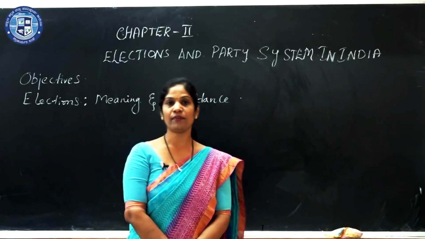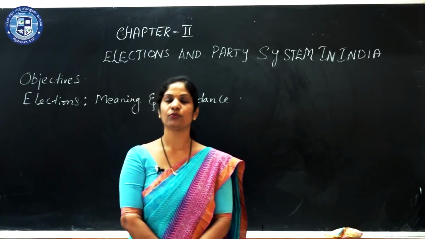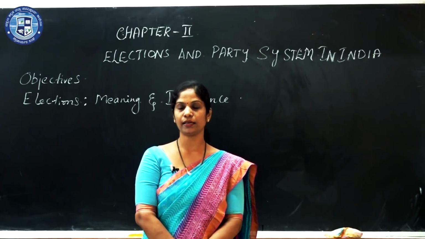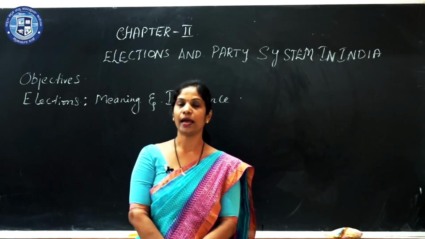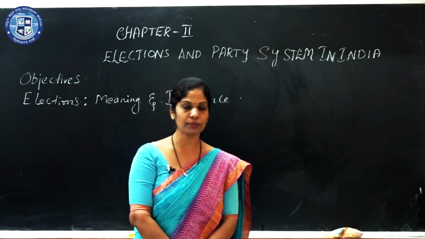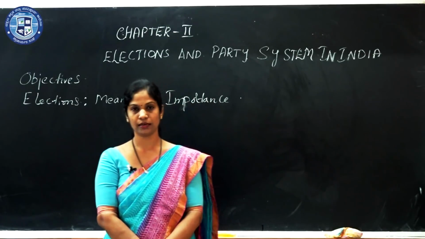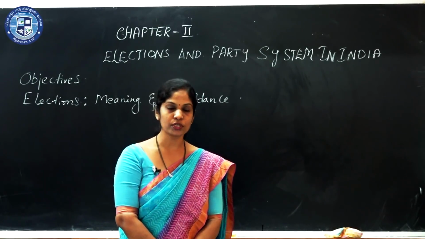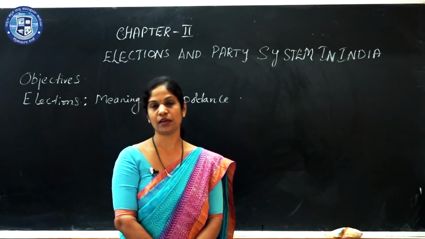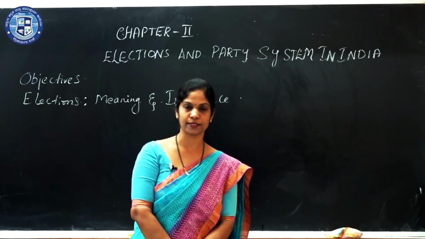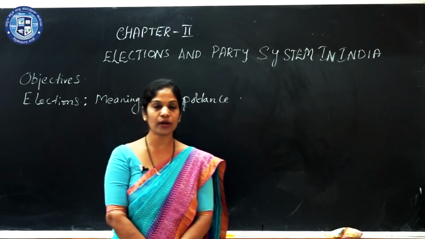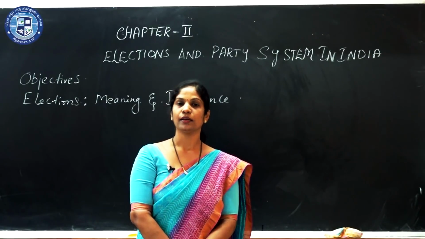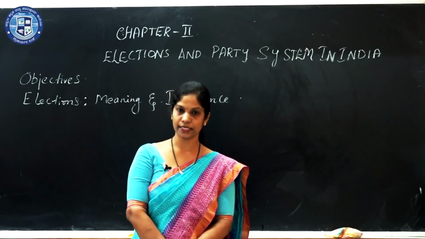Why do we need to study this chapter? We are aware of the frequent and systematic methods of elections adopted by the Election Commission of India, but still, even after 73 years of independence, we are recording only 70 to 75% of voting.